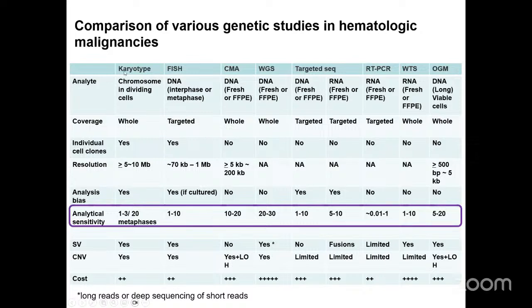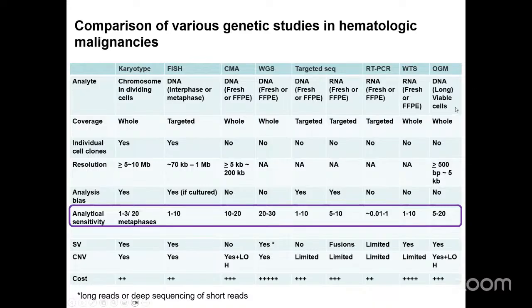And this is a comparison of the various genetic tests that we can utilize. Some of it we talked about in the prior slides, such as karyotype, FISH, microarray, whole genome sequencing, targeted sequencing, RT-PCRs, whole transcriptome sequencing, and optical genome mapping. You can see the starting point or the analyte is different across them. For karyotyping, we need dividing cells.